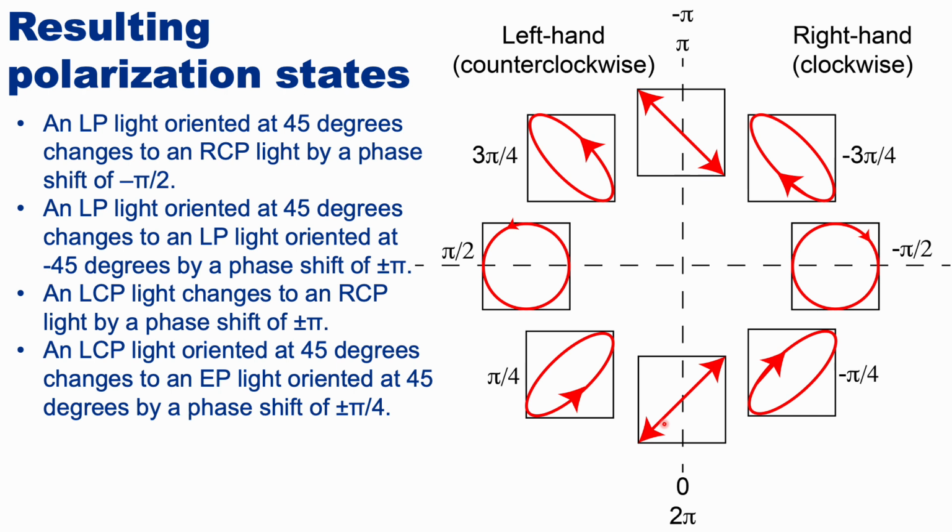If you introduce a delay of half pi, then you can go to your right hand or your left hand circular polarization. If you have a delay of pi, then you can change from your positive 45 degrees to your negative 45 degrees, right? So it's gonna help us to move, but mostly we're gonna use it for moving from linear to circular polarization light.